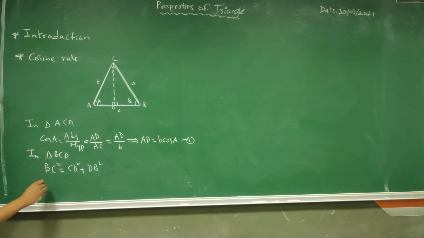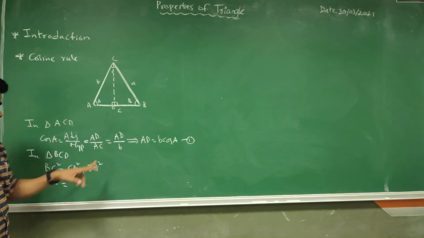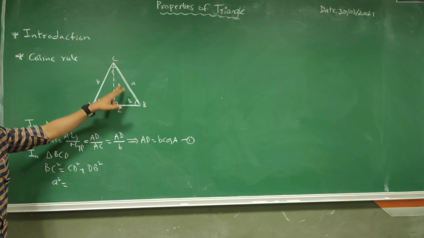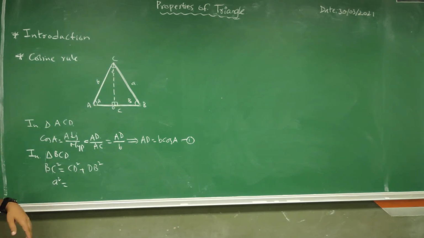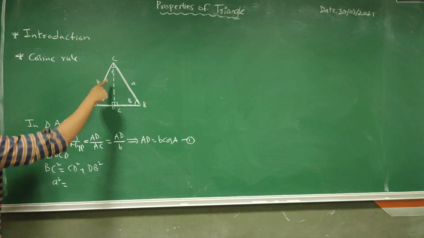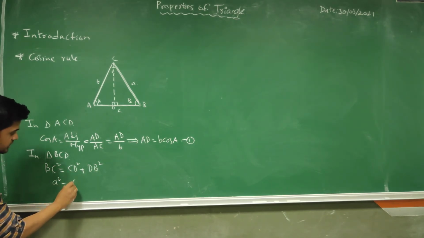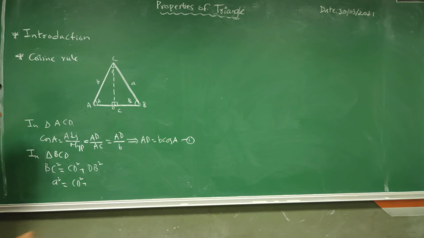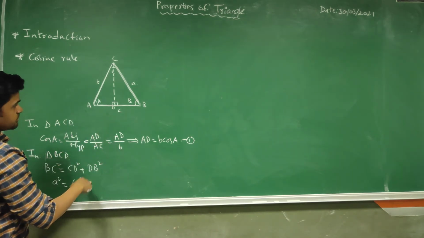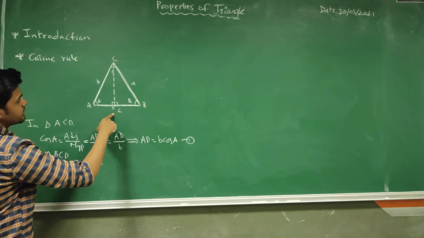Okay, and BC is nothing but a square, and we have CD, and we have DB. So I can write CD square plus, can I write DB is nothing but AB minus AD.